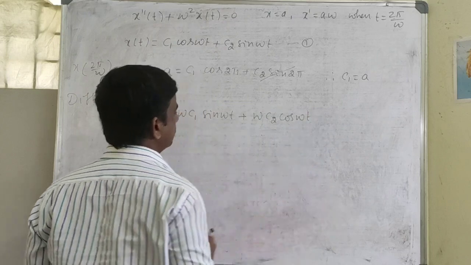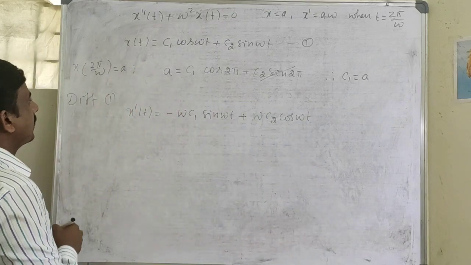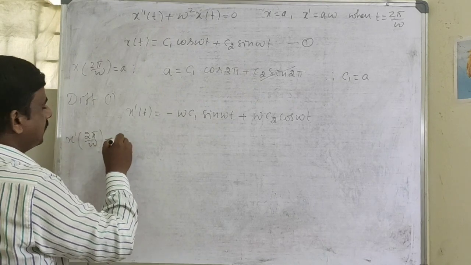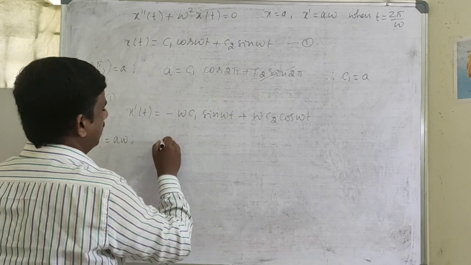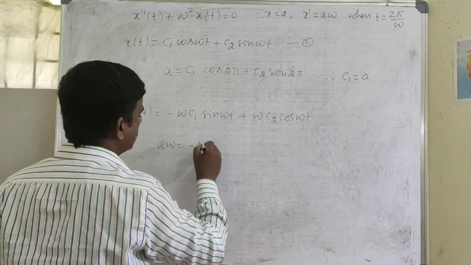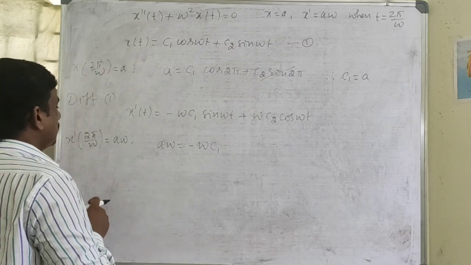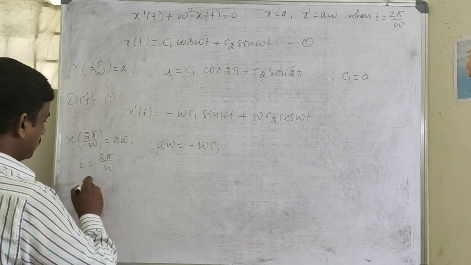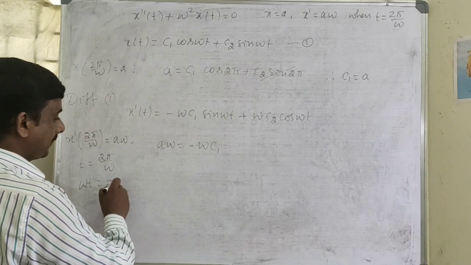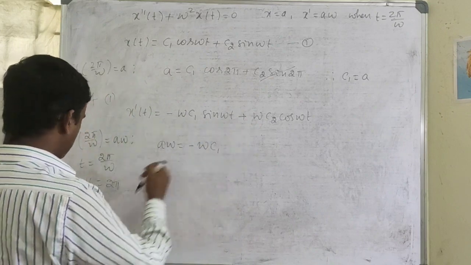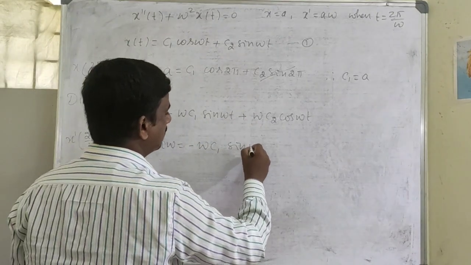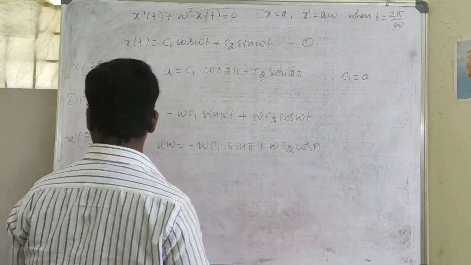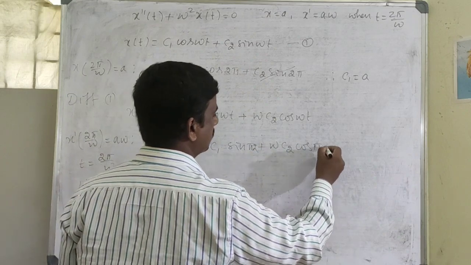Now using the condition x dash of 2 pi by omega equal to a omega. So I'll get a omega equal to minus omega c1 into sin omega t plus omega c2 cos omega t, where t equal to 2 pi by omega, so omega t equals 2 pi.